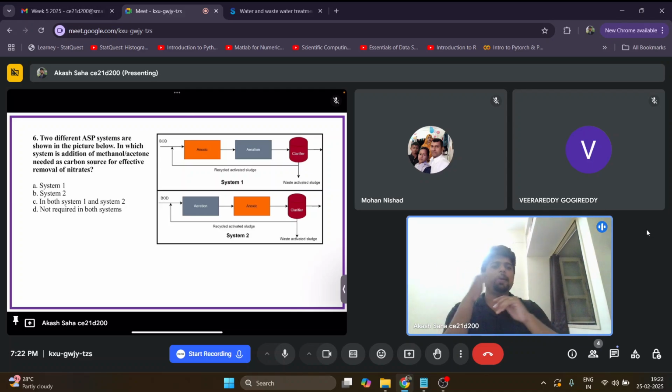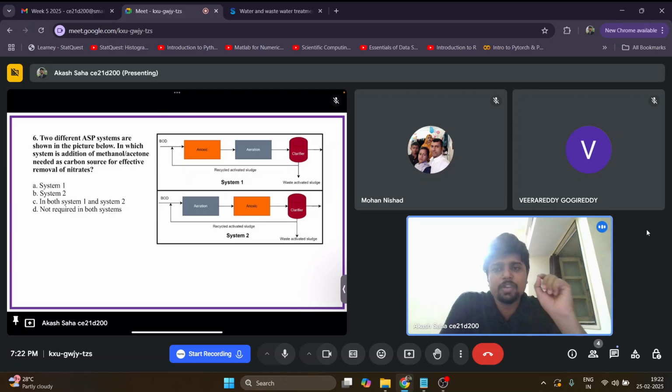If we go back to the previous question, I told you for any system there must be an electron acceptor and an electron donor. Most of the time, as I told you, organic carbon is my electron donor. So we need an electron donor in the system. And denitrification generally happens in the anoxic region, right?